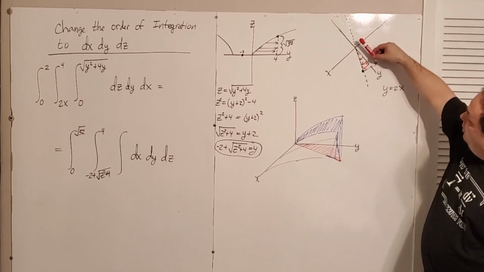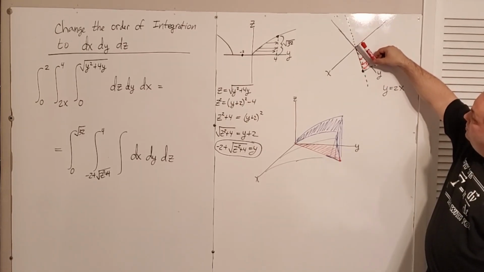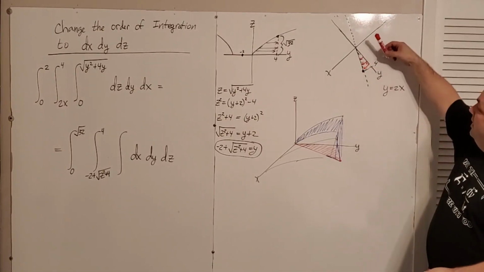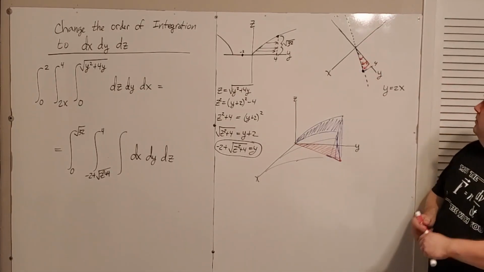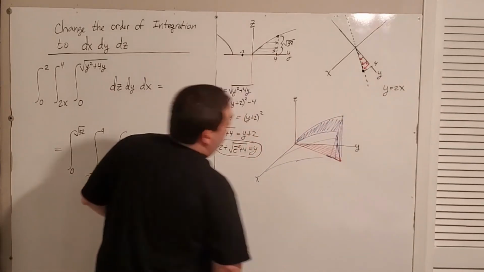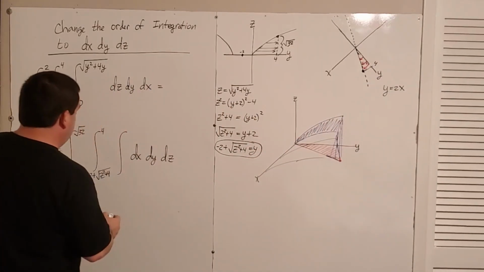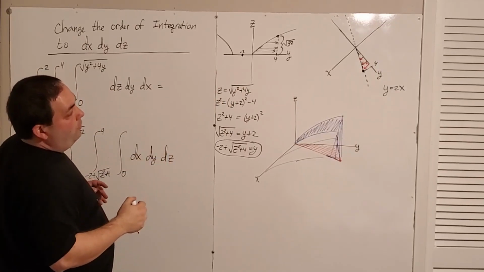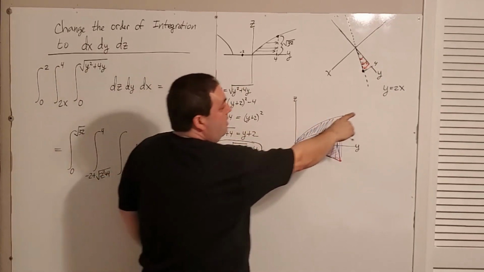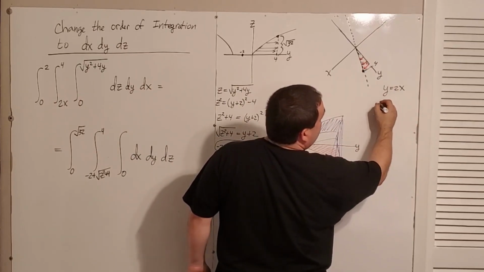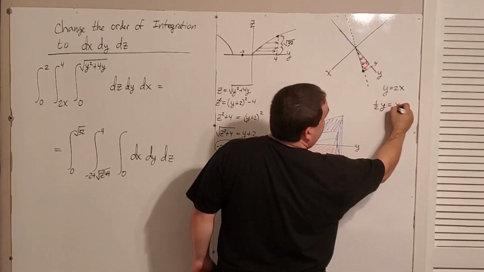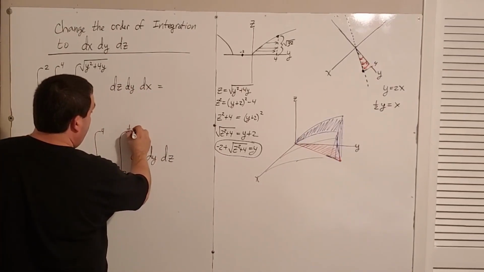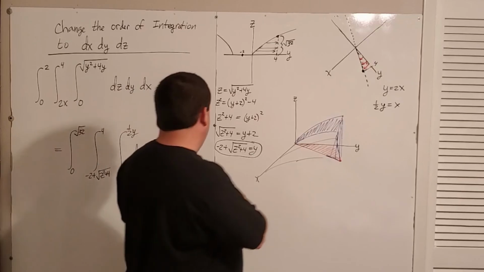So that's going to go from x equals 0 over to the curve. It's going to go this way. So x is going to go from 0. And then that curve represents this same equation here, but I just need to solve for x. So it would be to 1/2 y, like that. Okay?